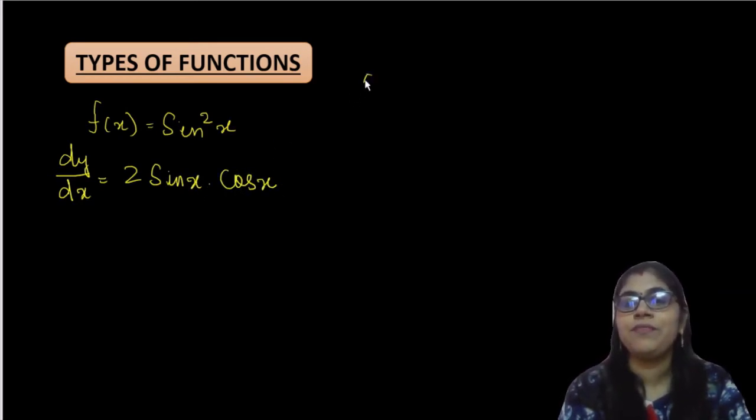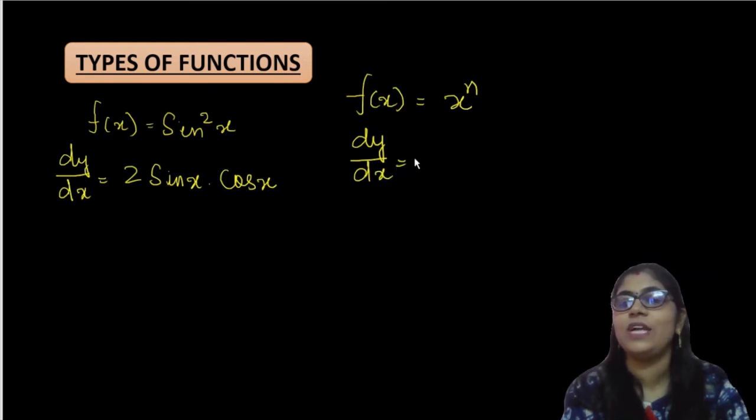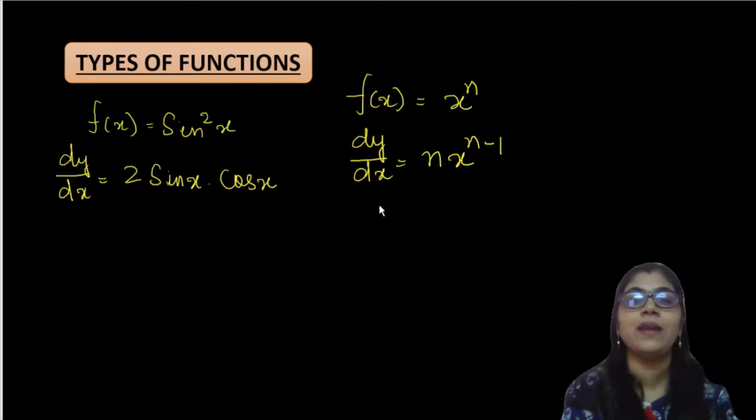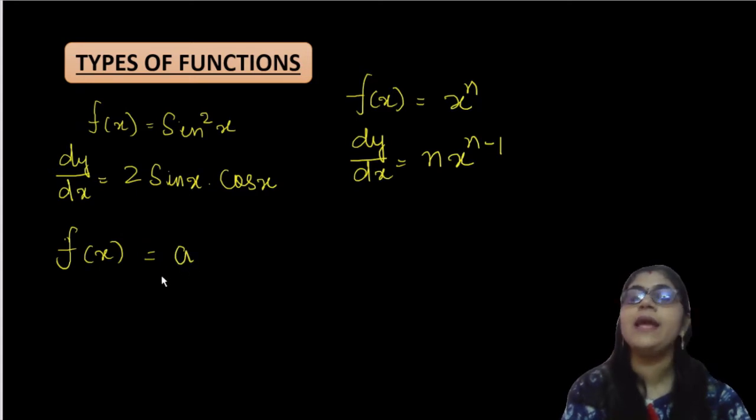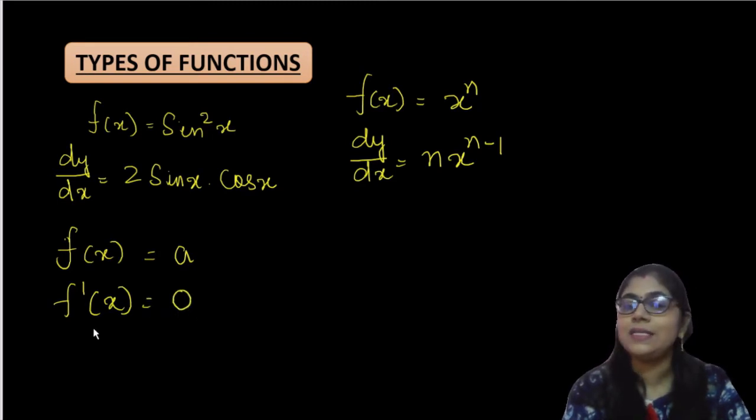Or if f(x) is equal to x to the power n, then dy/dx or f'(x) is equal to n x to the power n minus 1. And if f(x) is equal to a constant, then f'(x) or dy/dx equals 0.